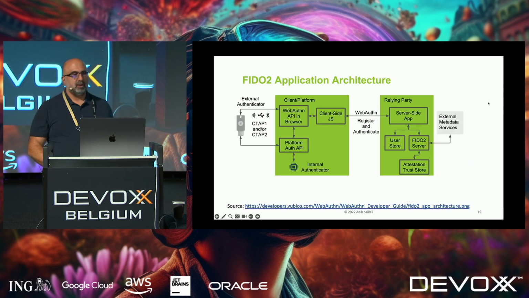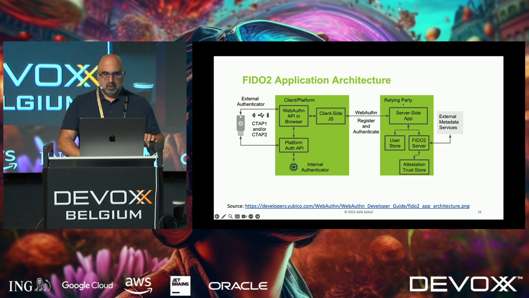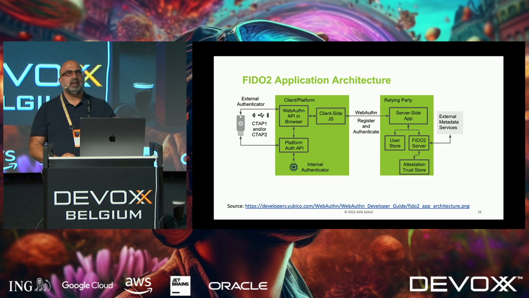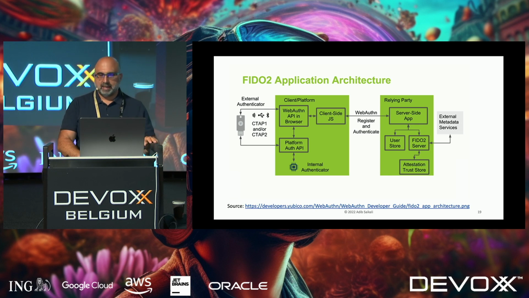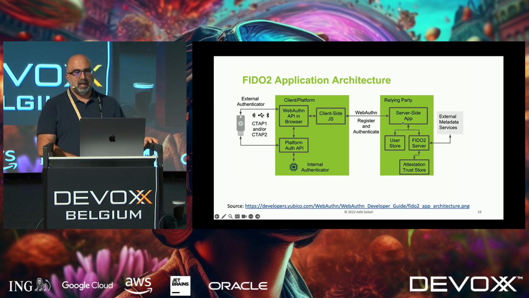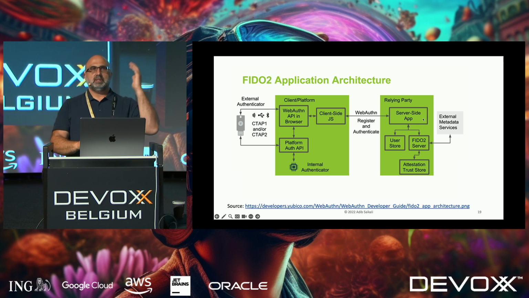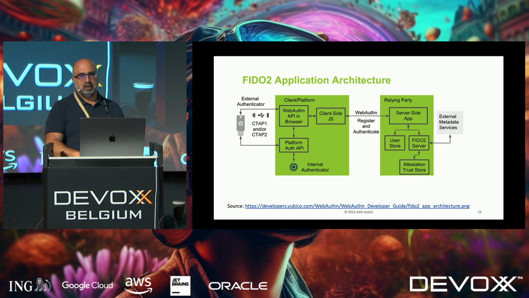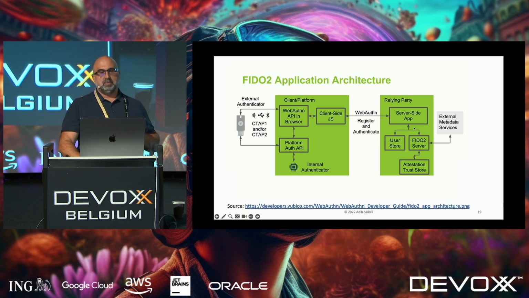So here's an architecture diagram of how this works. On the right-hand side, where it says relying party, that's your web application. That's your online retailer, your online web banking application. You have your server-side application written in Spring or C# or Python or Ruby. It doesn't really matter what it's written in. Ignore what's happening in here; this is your server side.